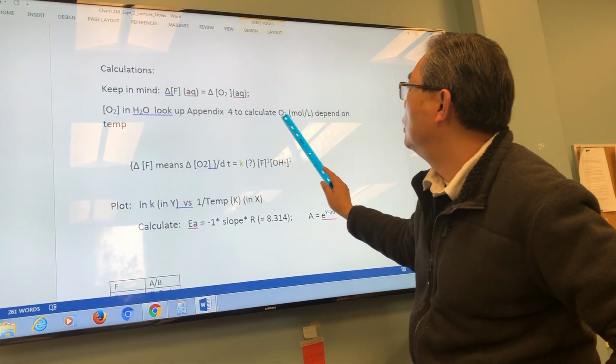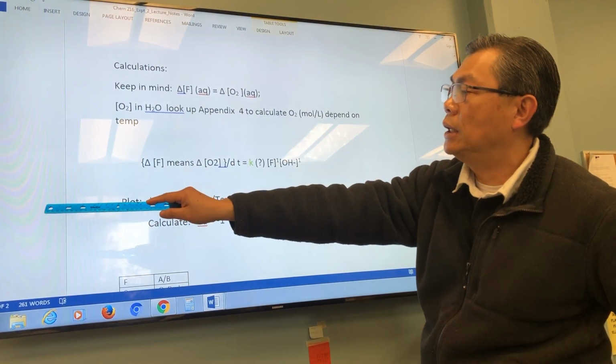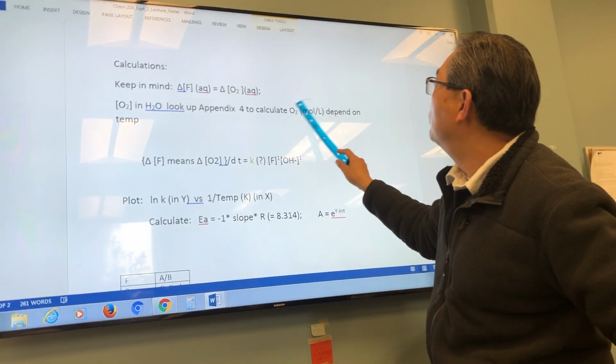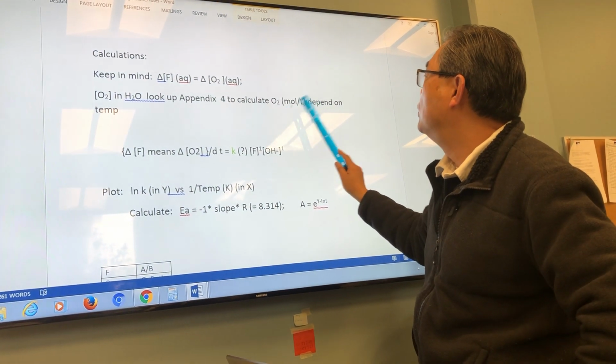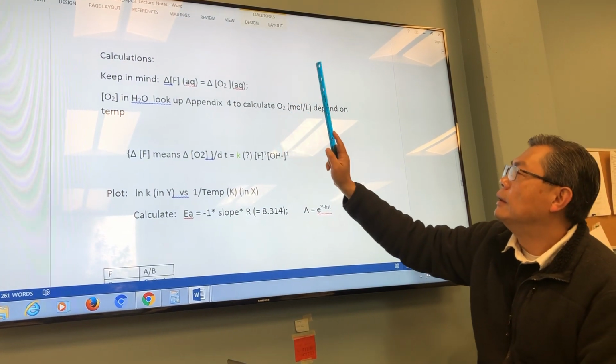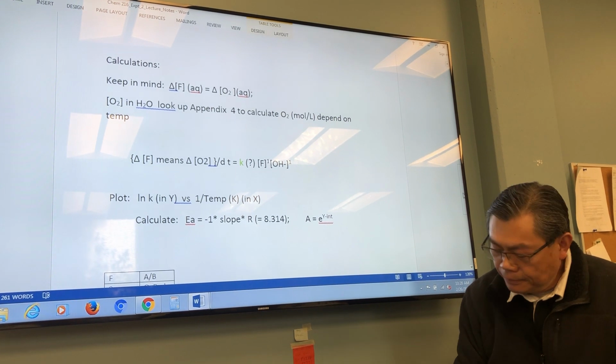In appendix 4, we provide it in milligram per liter, but we want to go back to moles per liter. So you need to do a little conversion from milligram to mole. I hope you know how to do that.